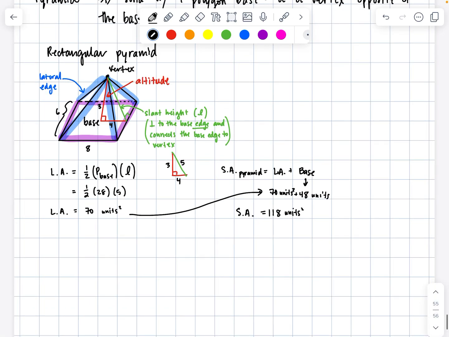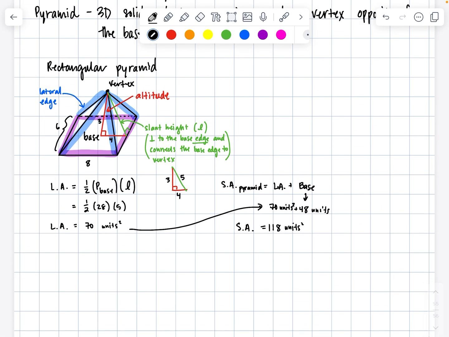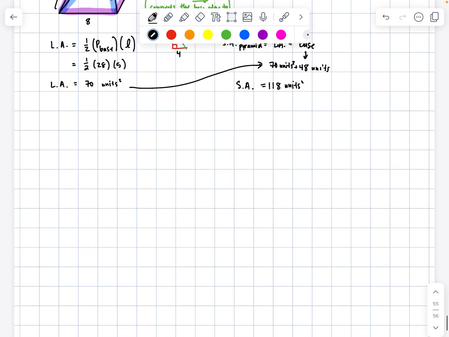Okay, so there's your rectangular pyramid. Obviously, if it was a pentagonal pyramid, we would need to find the perimeter and the area separately, and we would have to use a little bit of trig if needed. So, cones.